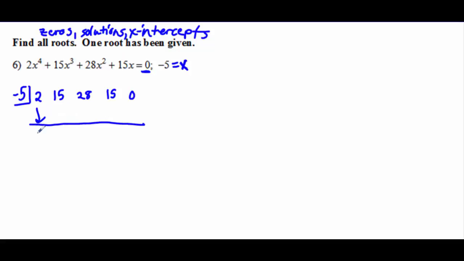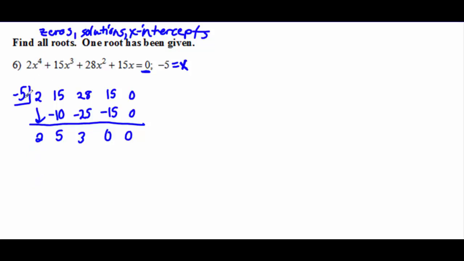So I'm going to drop the first thing, and then multiply, then add, then multiply, then add, then multiply. And so in actuality, if the 0 is at the end, it may not matter. You might still be able to figure this out if you didn't put that 0 at the end, but it's better to be safe than sorry.